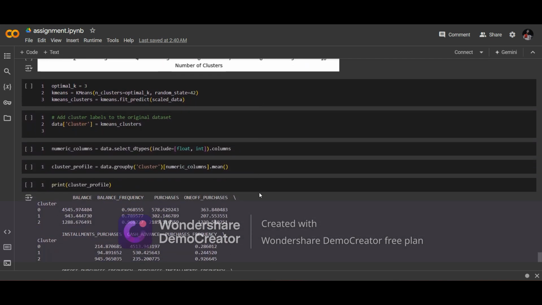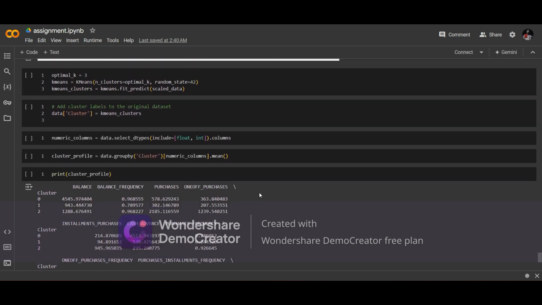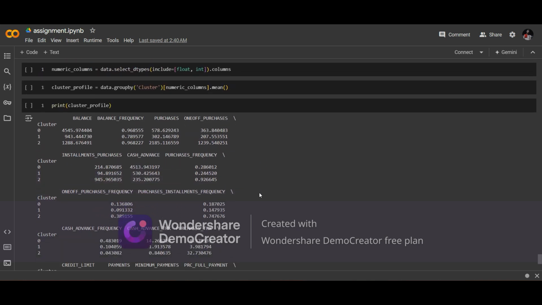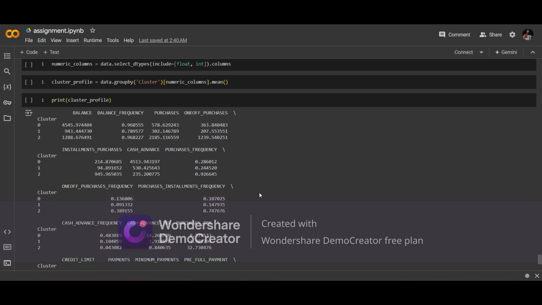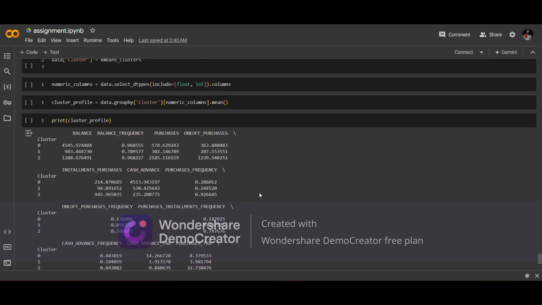Now moving ahead, I have applied cluster profiling, where we can see the clusters profiled with the mean, which shows the classes between cluster 0, cluster 1 and cluster 2.